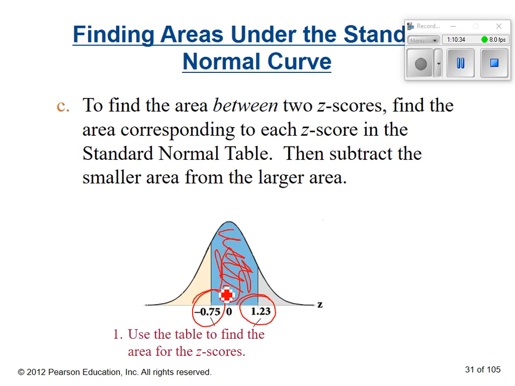Now the bad thing on the chart is that it won't tell you that. What you'd have to do on the chart is find this area from here down, find this area from here down, and then what are you going to do with those two answers to get this area that's in between?